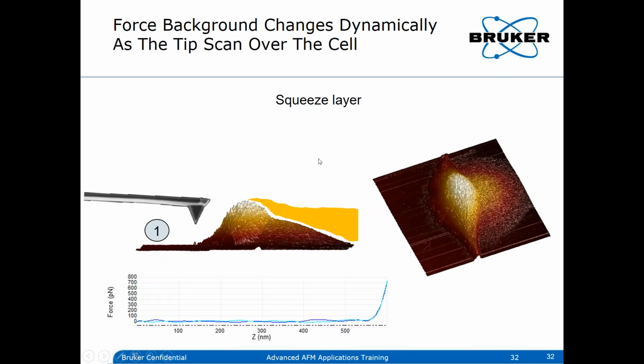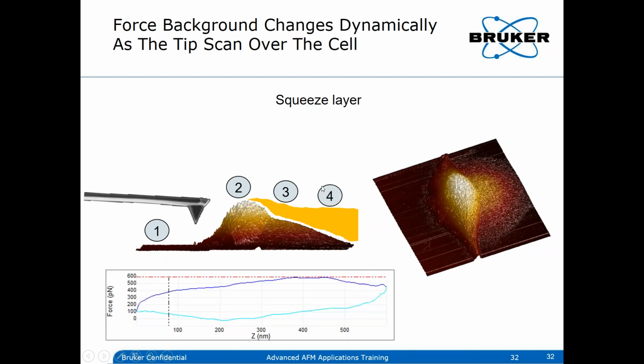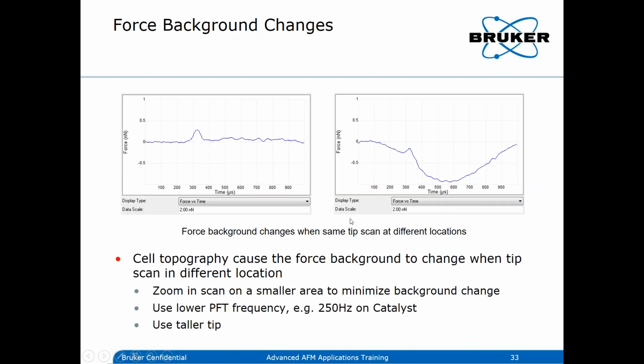Just be aware that the forces will change from this point when you go up here, and even then, if you're in the region where your tip is basically blocked by the height of the cell, your force behavior will look completely different. And so therefore, it's not easy. You have to look for these artifacts. The cell topography causes the force background to change when you scan in different locations.